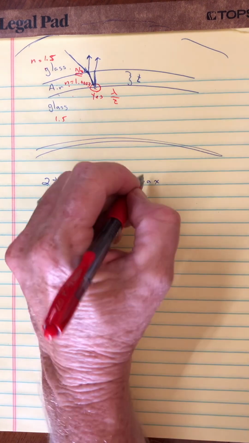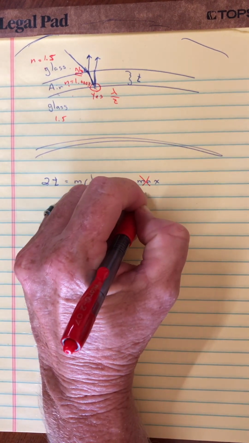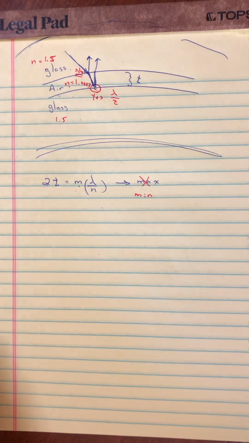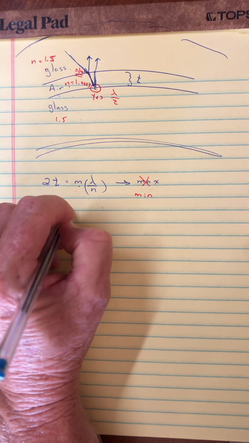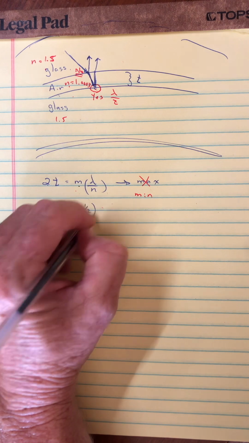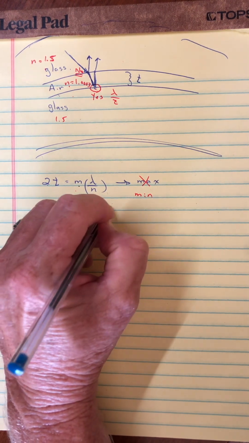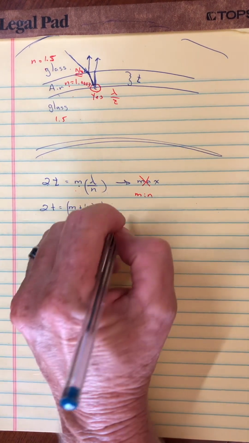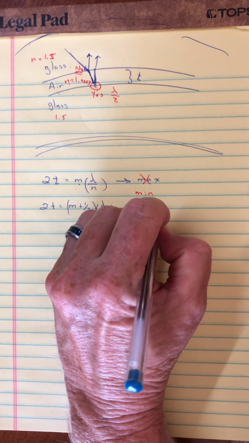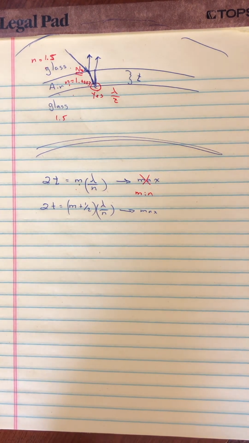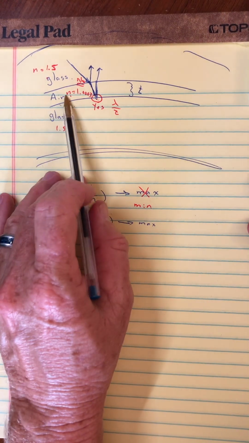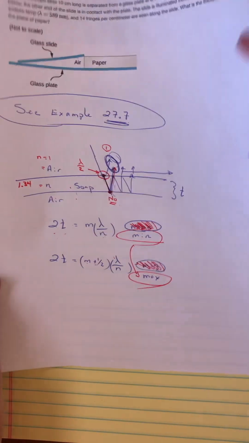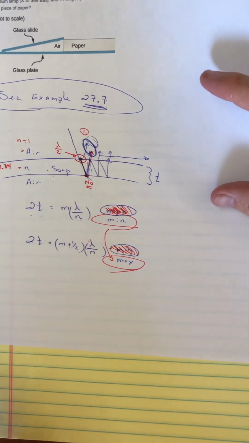It's not an extra distance traveled, but it's going to change the equation for maximums to minimums, and that means the other equation, 2t equals m plus a half number of wavelengths in the thin film, is going to be the equation for maximums. So this problem with the air gap is a little different than the soap one, yet the equations come out to be the same.